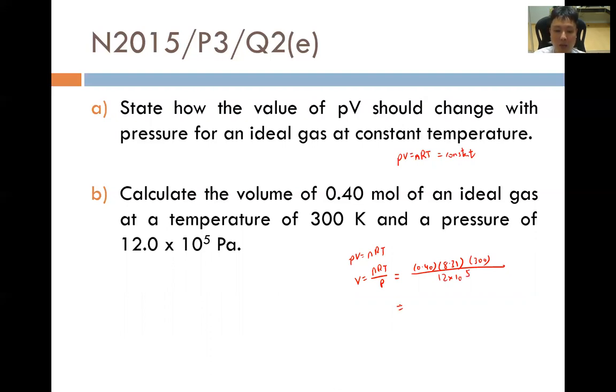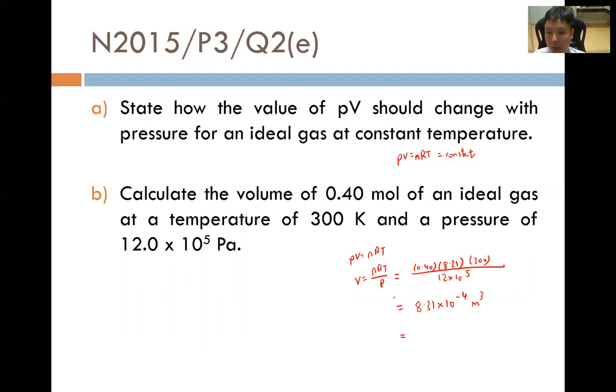Let me punch this into the calculator because we need it for a later part of the question. So we are going to get a volume of 8.31 times 10 to the power of minus 4 meter cube.